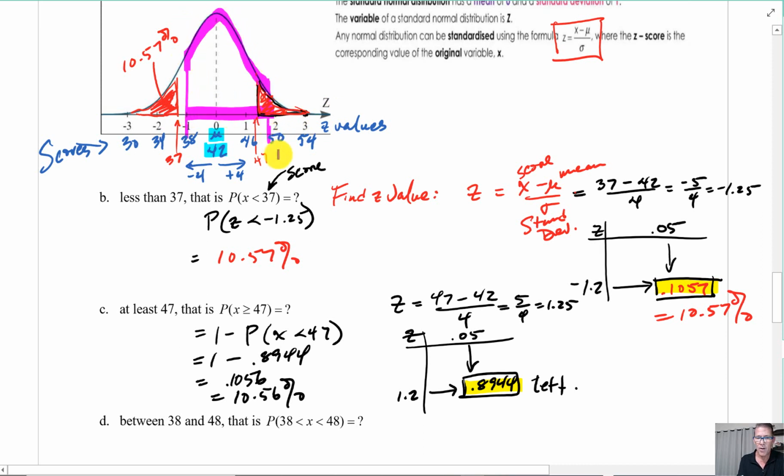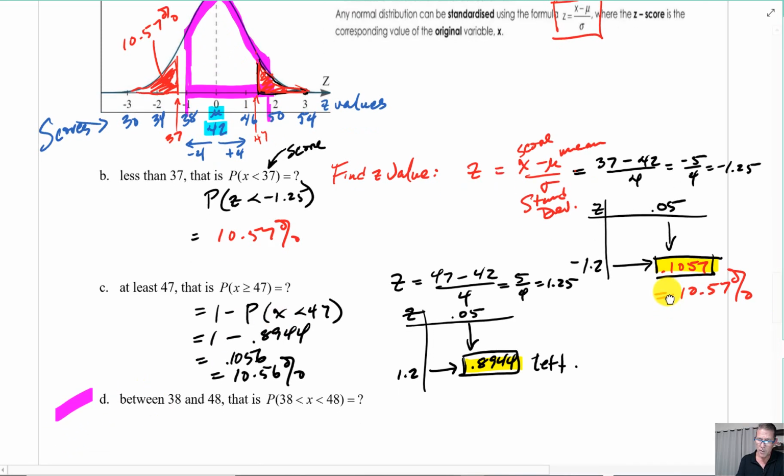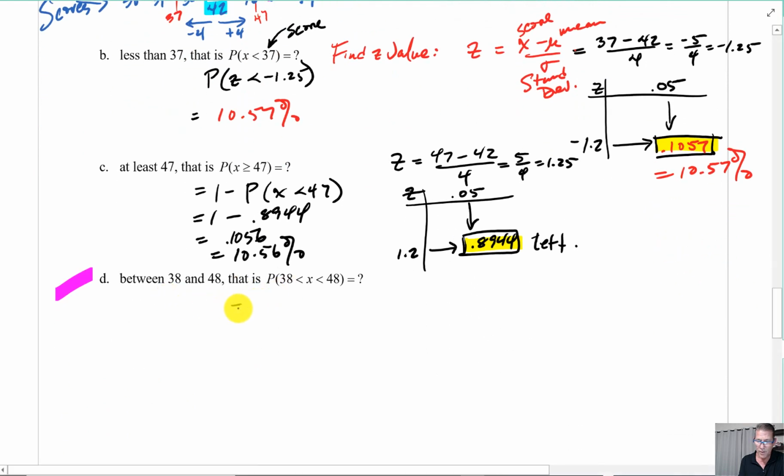So we're trying to find the area in this purple region. This is equivalent to the probability that you're less than 48 minus the probability that the score is less than 38.